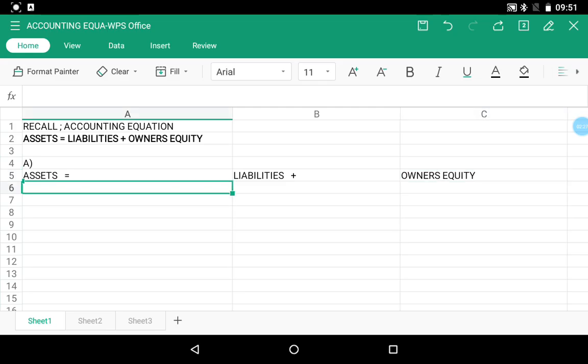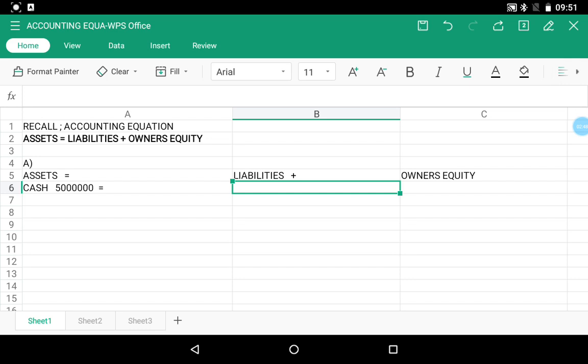And I've said this person started business with cash worth 5 million. So he started business with cash 5 million. Is equal to, as I said, assets is equal to liabilities plus owners equity.